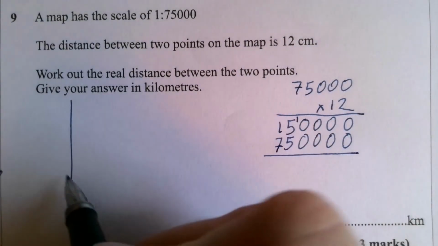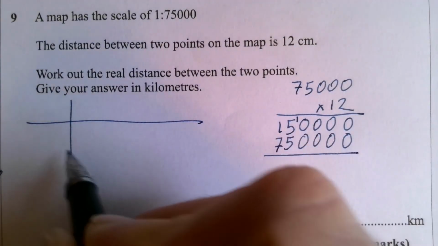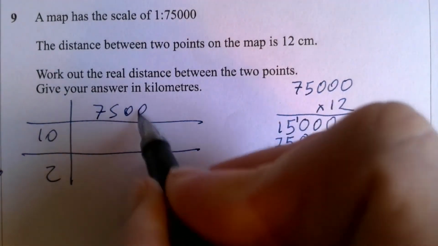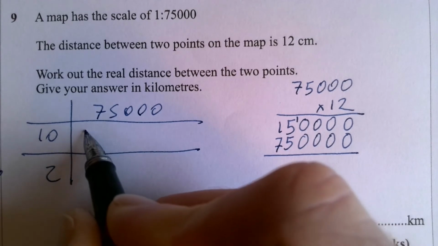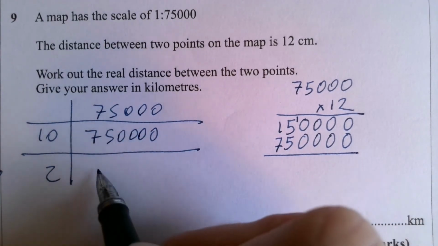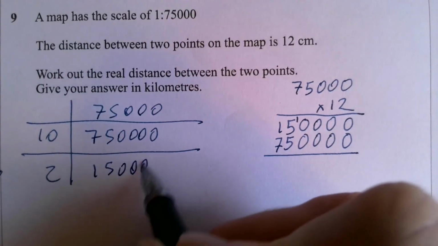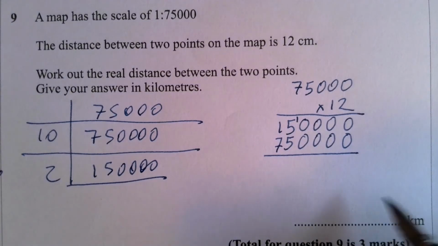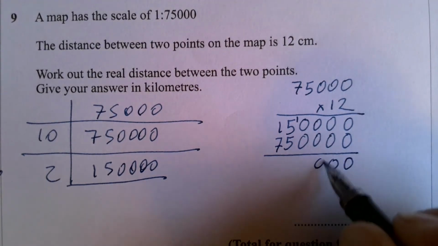If you don't like that method, by the way, you can always just do 10 and 2 and times that by your 75,000. That way would give you 750,000 and your 150,000, which you could then add in columns in the same way. Either way, we're going to get the same total.